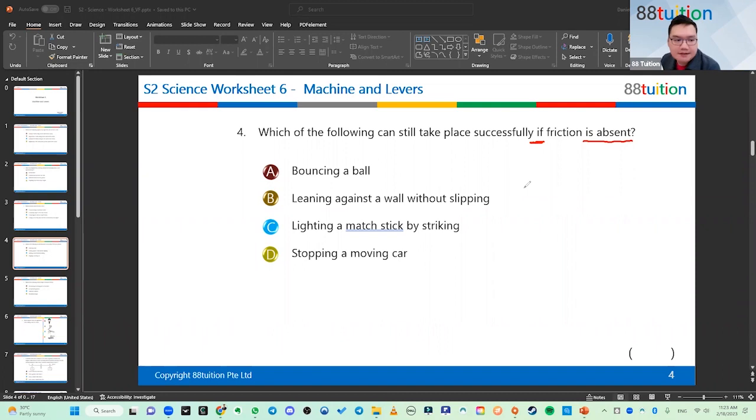Can you type in your answer in the chat box? What do you think is the answer for this question? Bouncing a ball, leaning against a wall without slipping, lighting a matchstick by striking, stopping a moving car. Sherman says it's B, leaning against a wall without slipping.